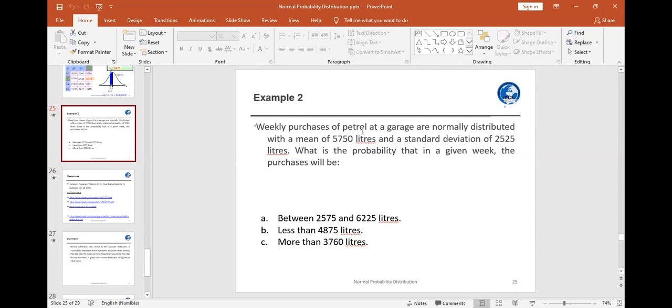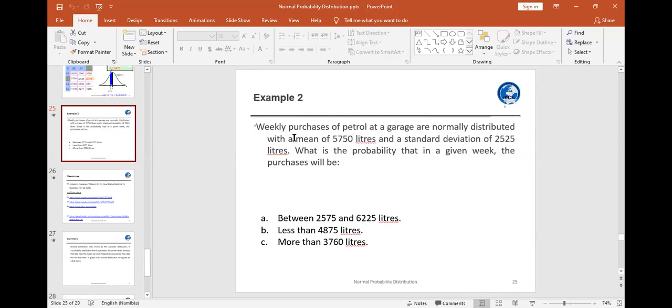So which means if you go at the service station and fill your cars, there are records captured by the service stations indicating that on a weekly basis, the average liters purchased at that service station every week is 5,750 liters.